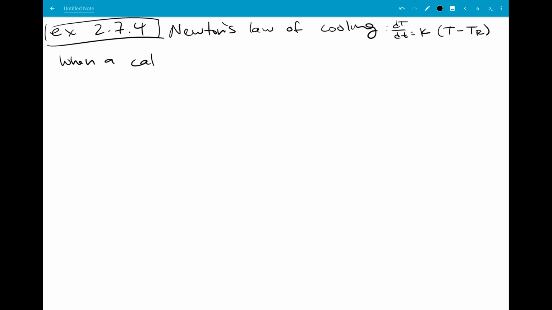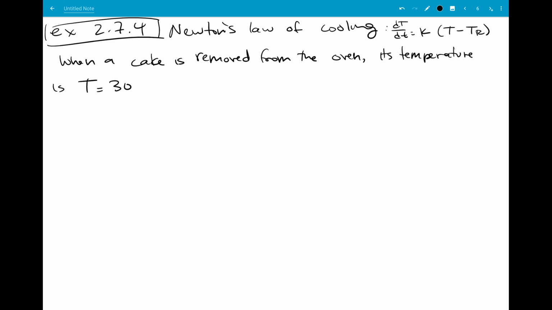So when a cake is removed from the oven, its temperature is 300 degrees Fahrenheit.